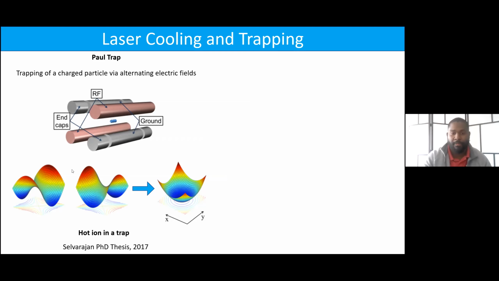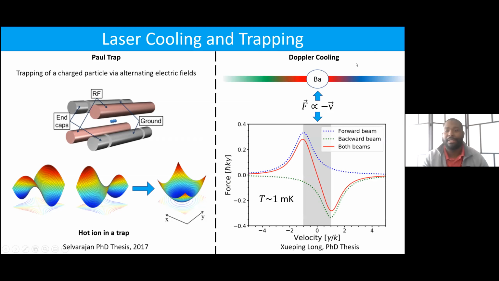Now, the first part of reducing the energy of these trapped ions, these trapped atoms, would be through Doppler cooling. Okay, so imagine that I take my barium atom that I started talking about in the last slide, and I shine 2 counter-propagating lasers on it. So I have a laser coming from this way, I have a laser coming from this way.